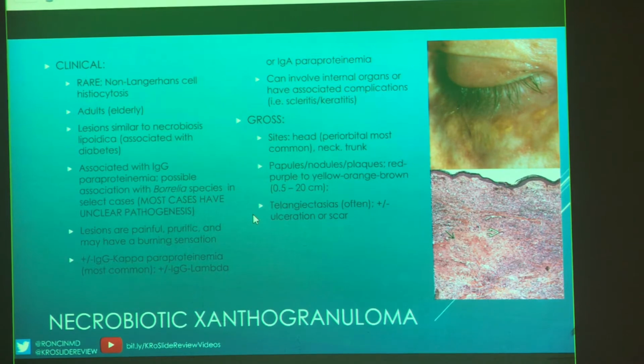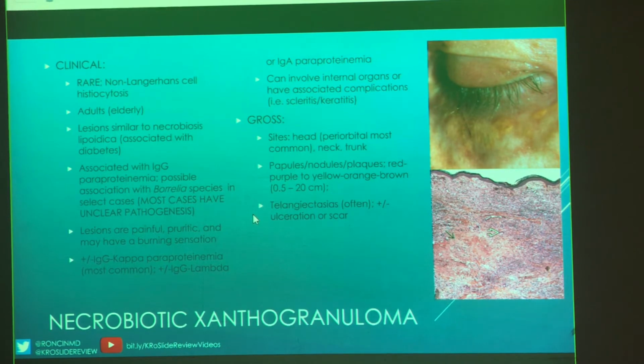Grossly, they're most commonly going to affect the head, especially the periorbital region. That's why I wanted to have this up there so you could compare that to xanthelasma. They can also involve the neck or the trunk, and they tend to be either papular, nodular, or plaques.